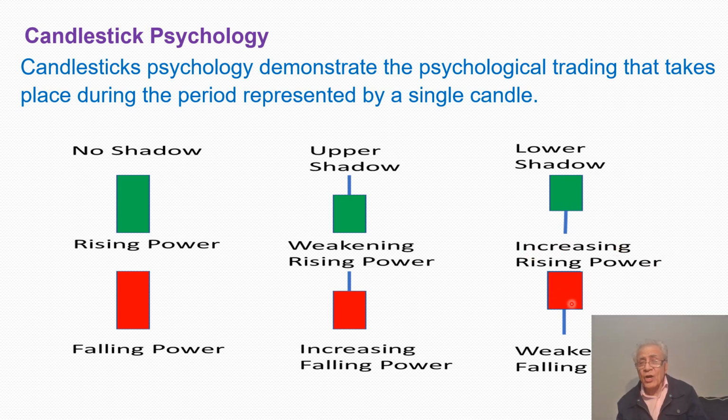In contrast, this is a bearish candle, and from the bottom, the buyers reduce its pressure, reduce the bearish power. The bullish reduce bearish power, so weakening the falling power. So that is real candlestick psychology.